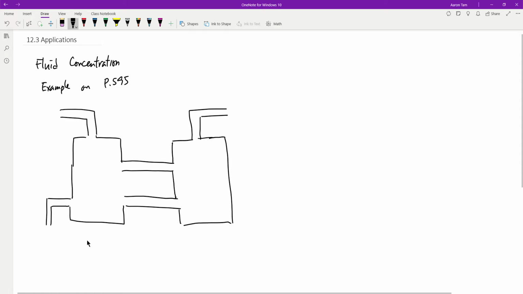So this is a two-tank system where we have a tank A and a tank B, and both of them have a capacity of 50 gallons. And let's assume that they are full. Okay.